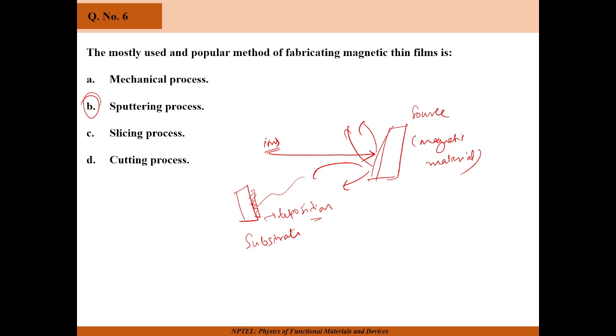The ions eject the material, which gets deposited on the substrate in very limited layers. By controlling how closely you keep the substrate to the source and how long you expose it, we can control the thickness of the deposition.